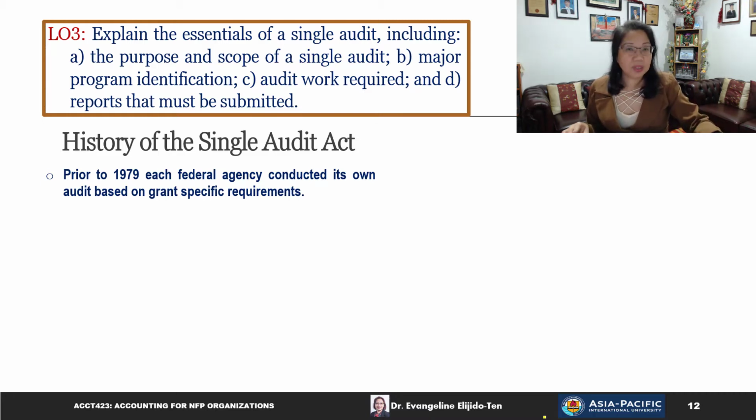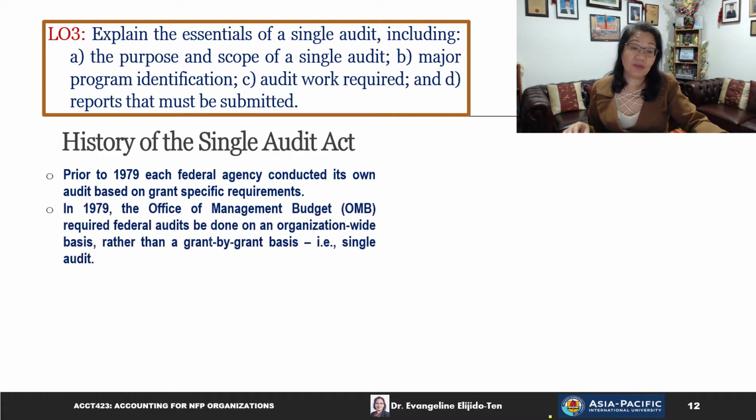So the amount of time spent keeping track of conflicting requirements and providing facilities for succession with different groups of auditors became just too troublesome. And therefore, there has been a drive to standardize grant accounting, reporting, and auditing requirements from around the late 60s. So that was prior to 1979.